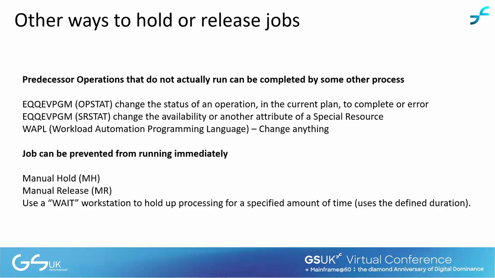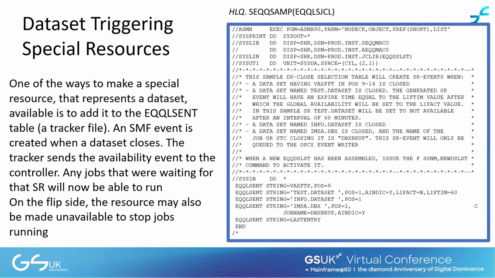So this one here says position 9. So it doesn't matter what came before it, so long as VAX FTP was started in the 9th column forward, then that would be a match.